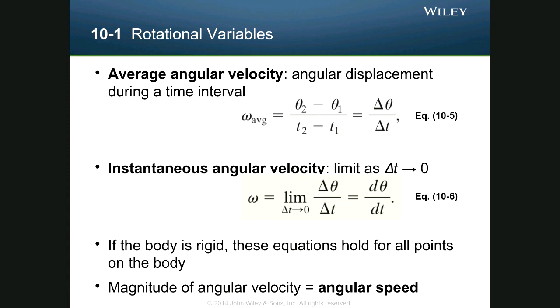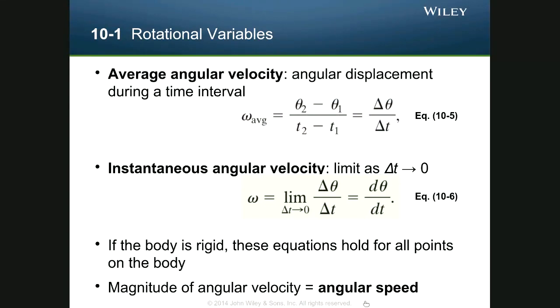And just like we could before, this is the definition. If we take the limit as delta t goes to 0, we get a derivative, okay? So if the body is rigid, these equations will hold for all points on the body. This is important. It means that different parts of an object can't rotate at different speeds. And so the magnitude of the angular velocity will be the angular speed.